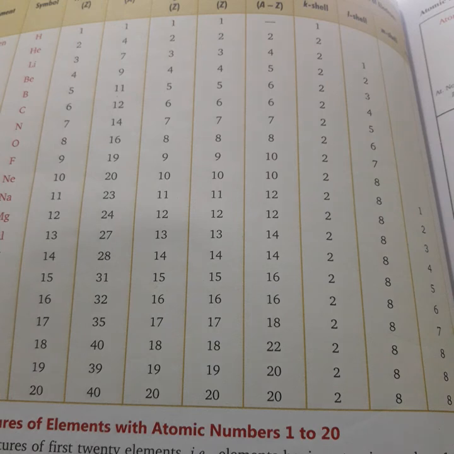Then boron. Boron's atomic number is 5. Again the first shell holds 2, 5 minus 2, 3 are left, so 3 electrons will go to the second shell. What will be the valency of boron? Valency 3, as there are 3 valence electrons present in this atom.